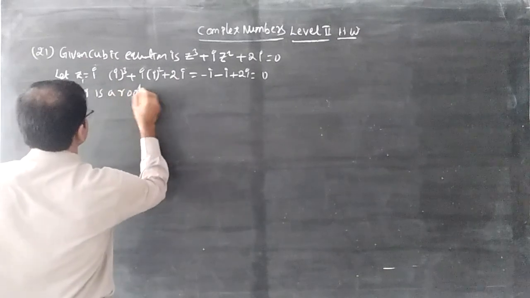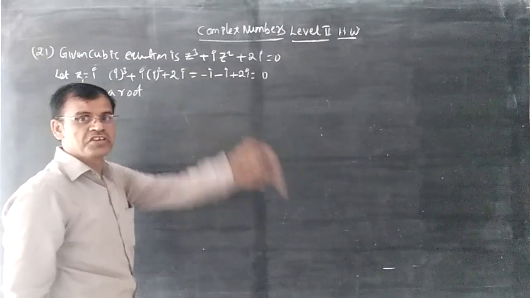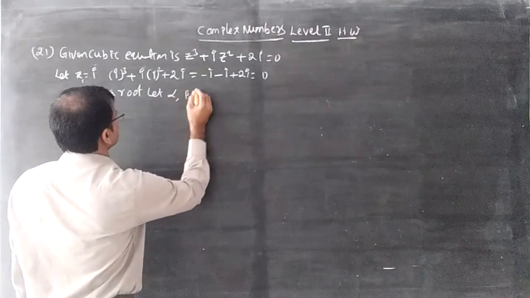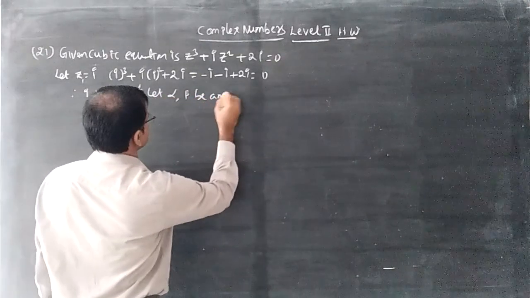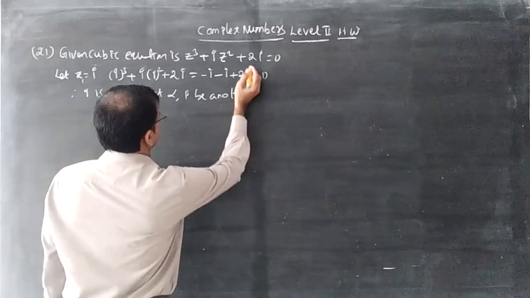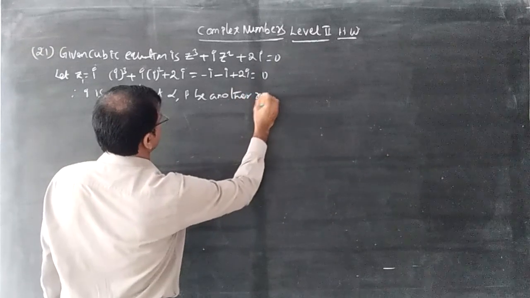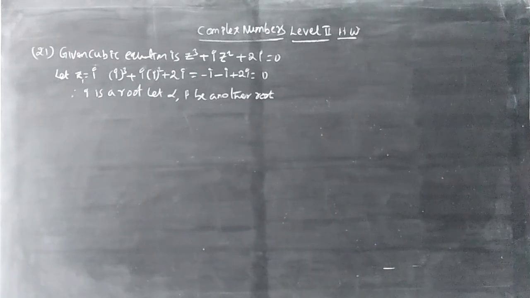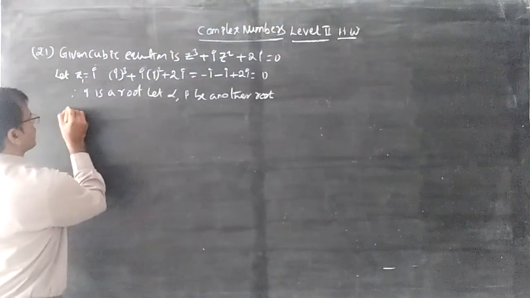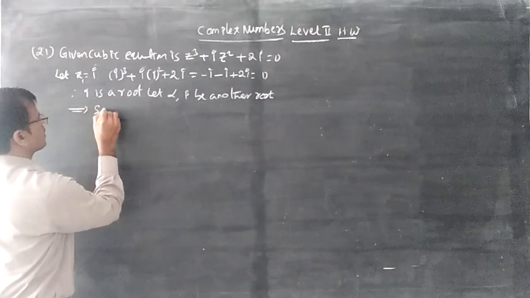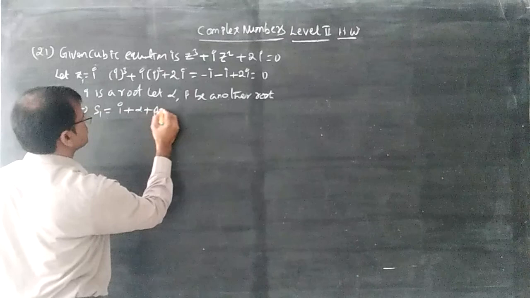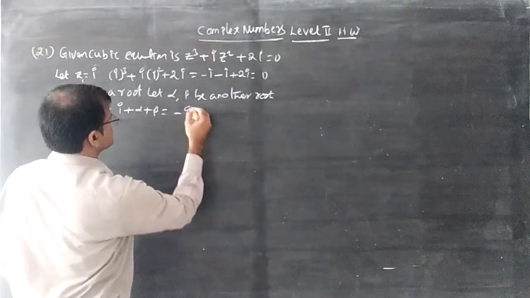For this complex cubic equation, let alpha and beta be the other roots. Applying the sum of roots from theory of equations: i plus alpha plus beta is equal to minus i.